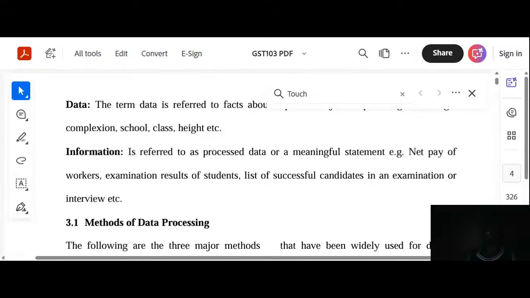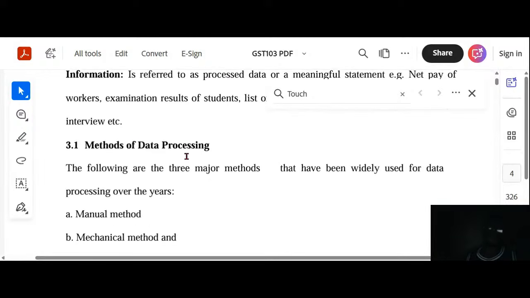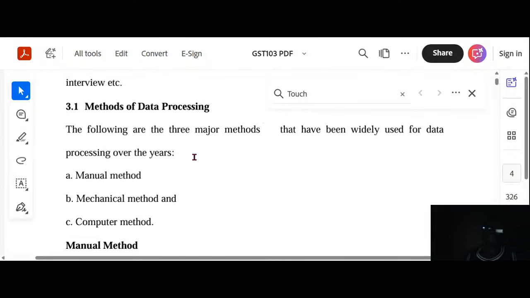Well, I'm just getting Dora's complexion. For me to write complexion fair, that one is data. Whose complexion is fair? Now we come to say Dora is fair in complexion. All right, so that is all on data and information. We've done this before. I don't want to waste time on it. We have a lot. Methods of data processing, we have three of them basically. We don't need to even waste our time here. We've done the reading before.